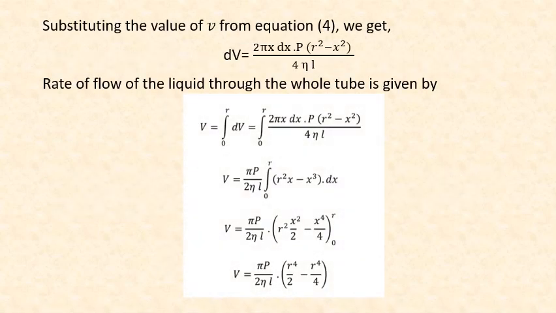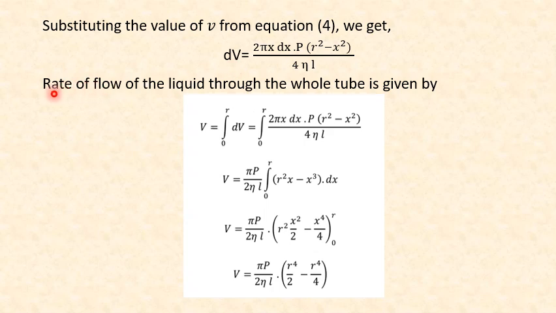Before integrating, first substitute the value of v from equation 4. We get dv equals 2 pi x into dx into p into r square minus x square divided by 4 neta L, where dv is the amount of volume flowing through the layers between x and x plus dx.